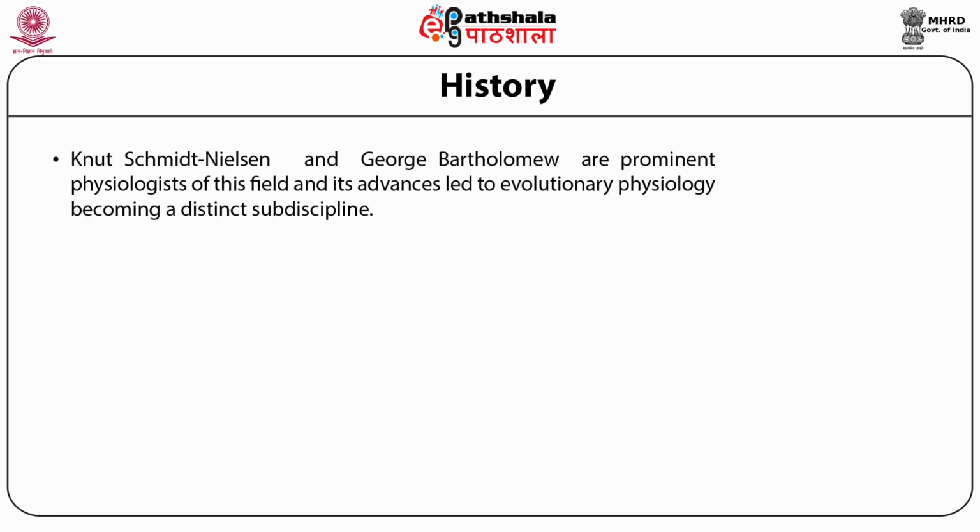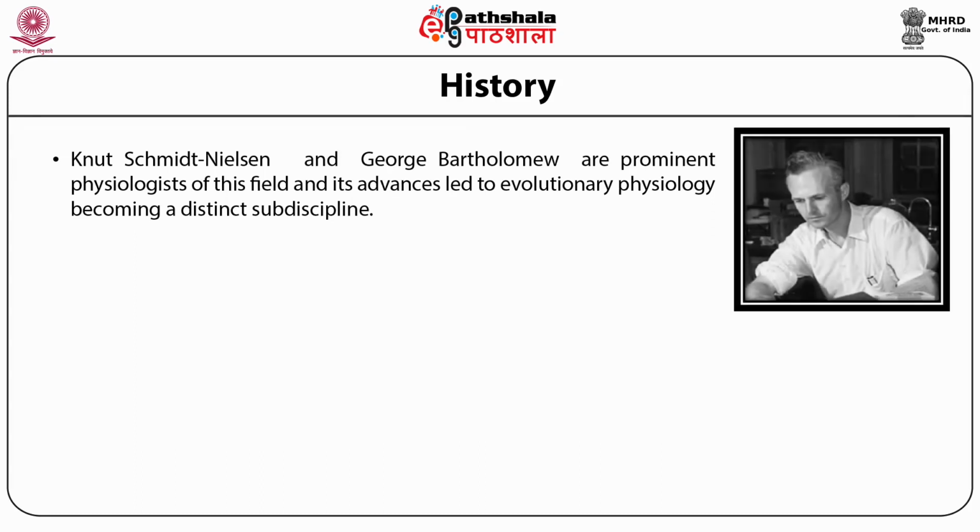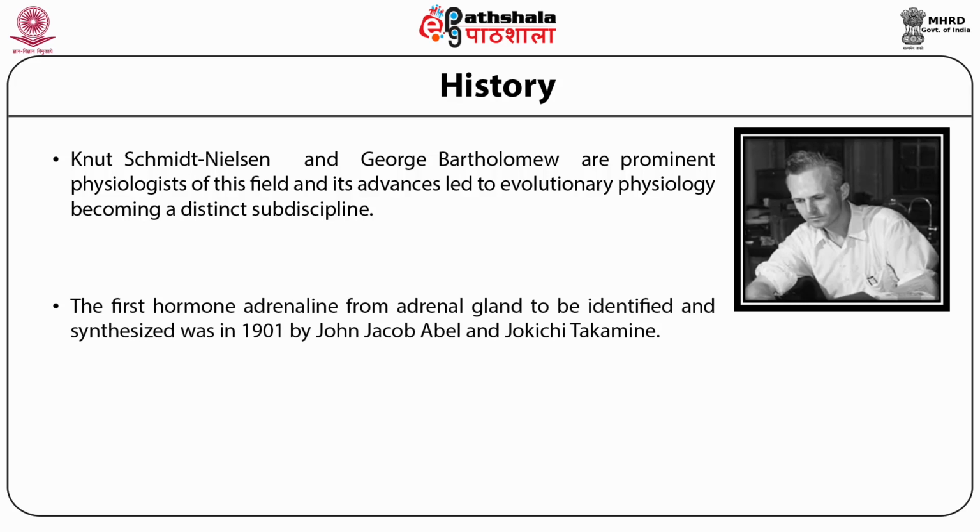Knut Schmidt-Nielsen, on the left-hand side, and George Bartholomew, in the photograph on the right, are prominent physiologists of this field, and its advances led to evolutionary physiology becoming a distinct sub-discipline. The first hormone, adrenaline, from the adrenal gland to be identified and synthesized was done in 1901 by John Jacob Abel and Jokichi Takamine.